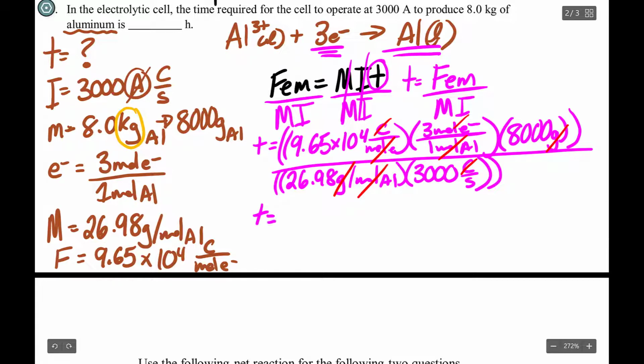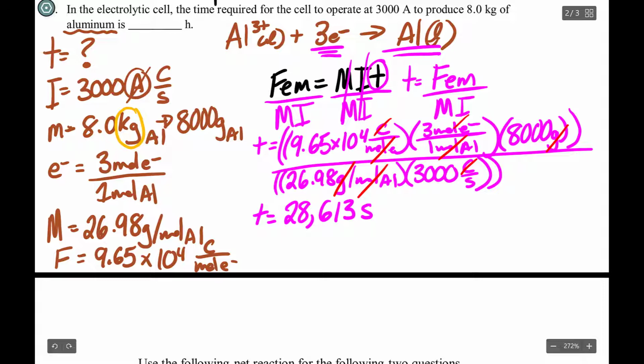So the time is going to be equal to, we plug all that into our calculator, and I got 28,613 seconds.